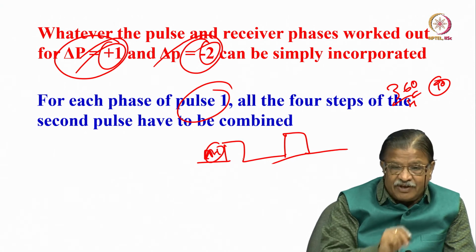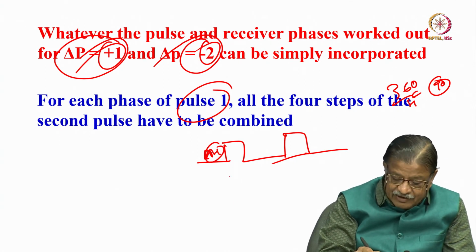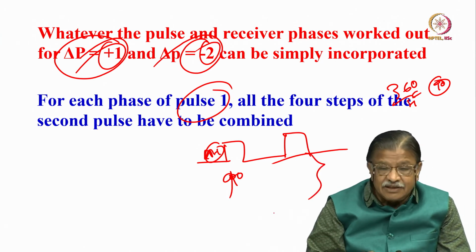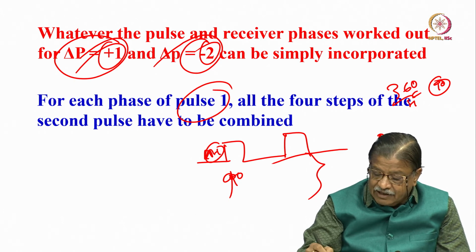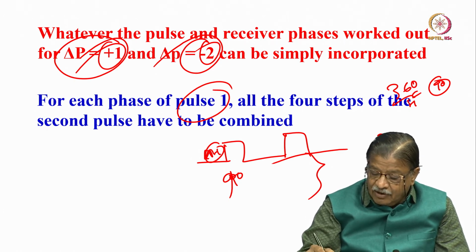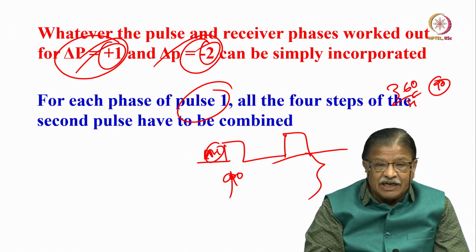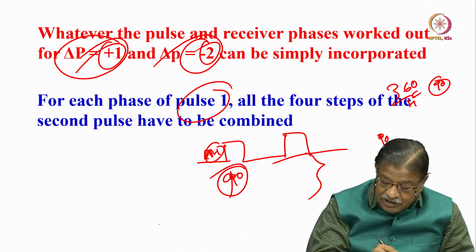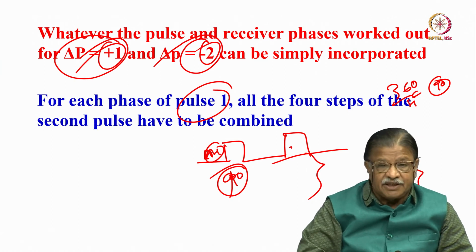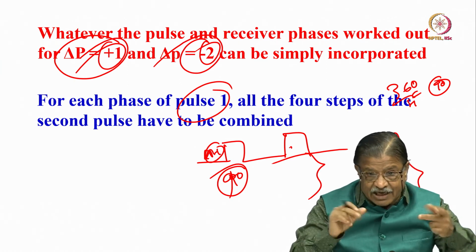I have chosen one phase cycling. For the receiver phase, let us say it is 90 here. And now for this, the receiver phase is chosen in such a way, let us say 90, 270, 180 or 270, something like that I have chosen. This is my receiver phase. For the first pulse, all the 4 should be changed here.